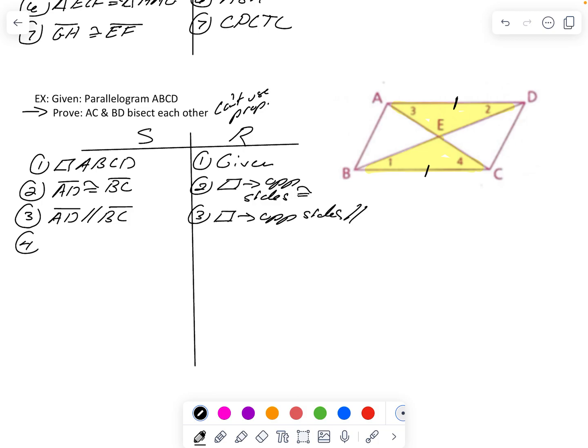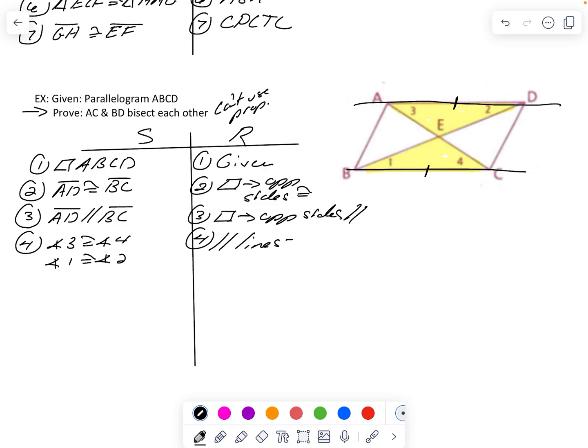And once we say that, and we have these opposite sides parallel with either this transversal, 3 and 4 are congruent, or with this transversal, 1 and 2 are alternate interior angles. So I'm going to say angle 3 congruent to angle 4, and angle 1 congruent to angle 2. We can see them both because it's all the same reason.